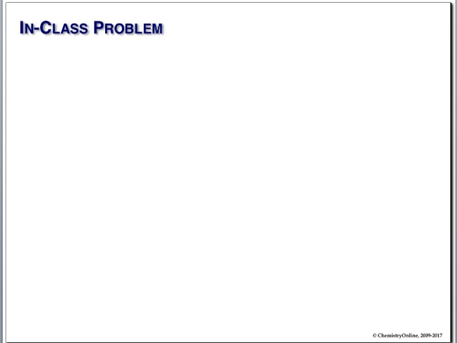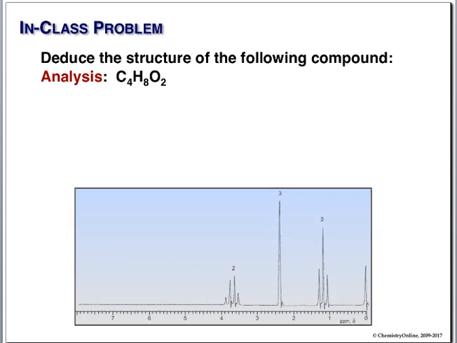Well, let's look at a spectrum. Here we have a compound, formula C4H8O2. What is it? Now remember back when we did problems in the IR chapter, what was the first thing we did with the formula?